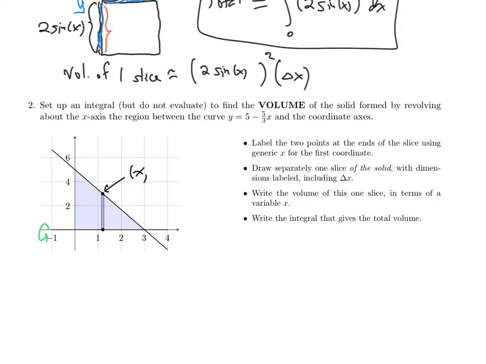This is 5 minus 5/3 x is the formula for the y-coordinate of that point. And just like before, the y-coordinate of the point on the bottom is always 0. So what we talked about in class was that rather than spin the entire region and then think about slicing that region, what we can do instead is think about what it looks like when I spin just the little stick that you see drawn there around the x-axis.